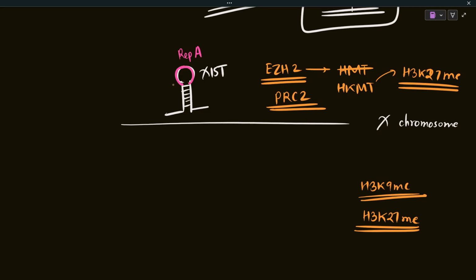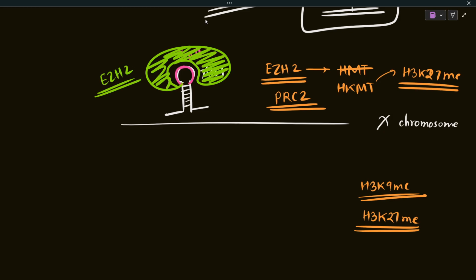So to this repeat A region, this is the EZH2. This binds, and this is a part of the PRC2 complex.